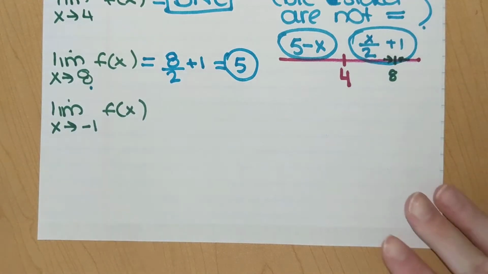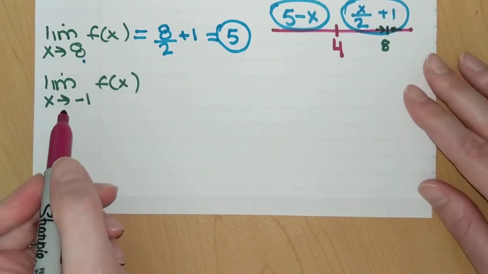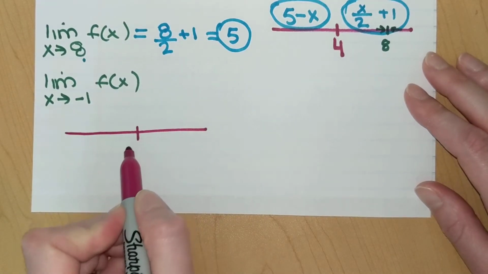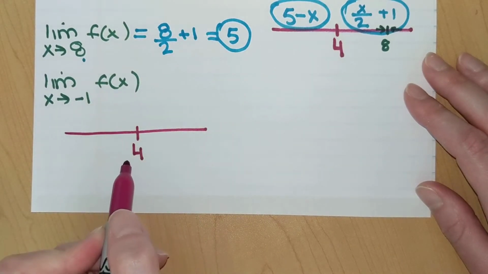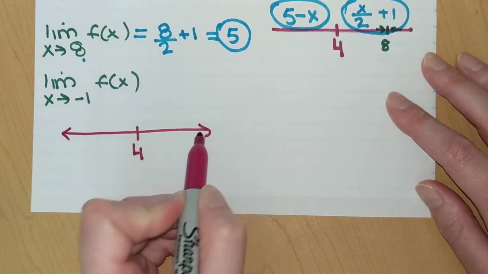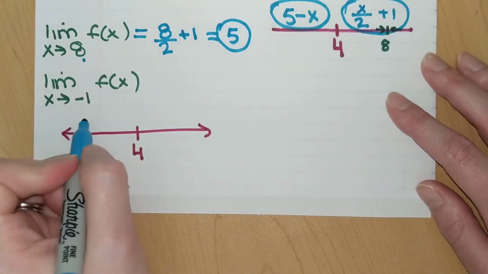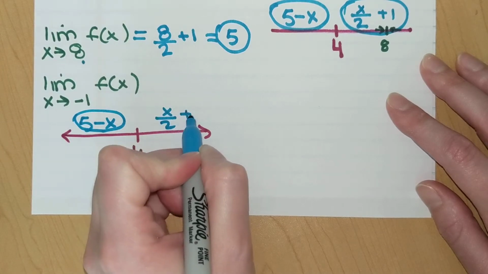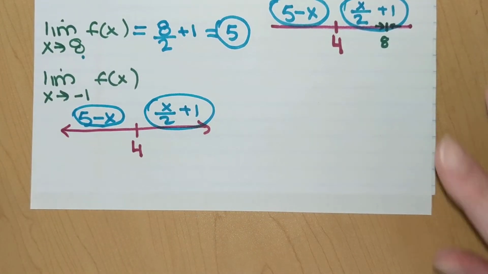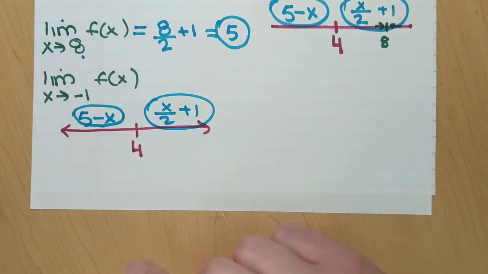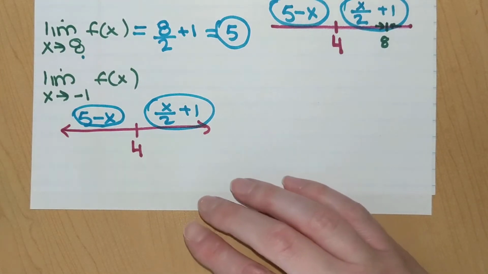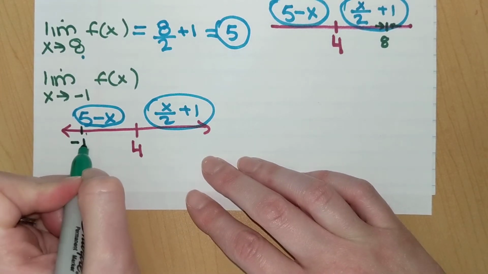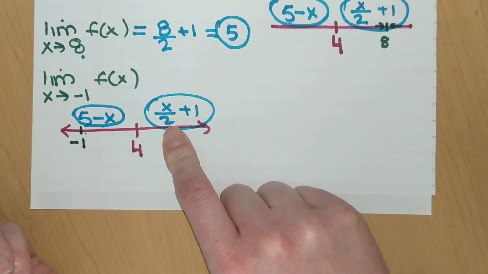Now, a very similar argument can be made for the last limit here. So again, if you look at the piecewise function, your split is at 4, and you know that to the left of 4, you have this 5 minus x. To the right of 4, you have x over 2 plus 1. But the thing that you really want to be aware of is that at x equals -1, you're not going to be thinking about this x over 2 plus 1 function at all.